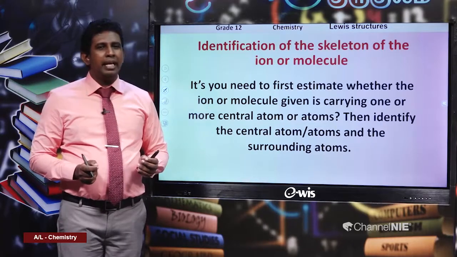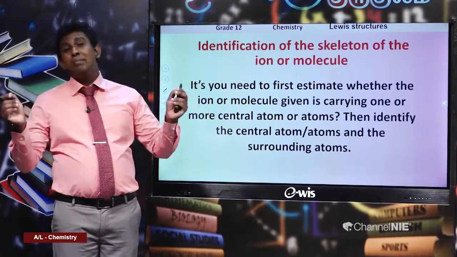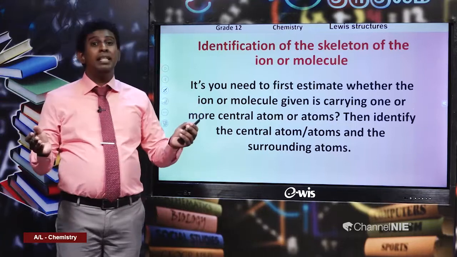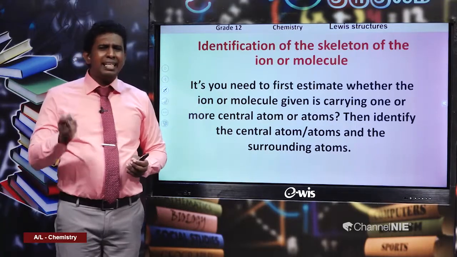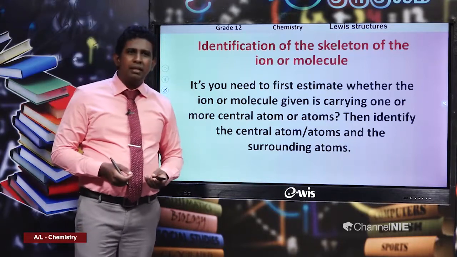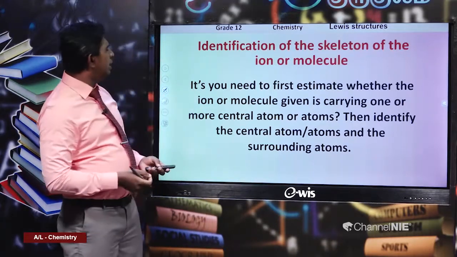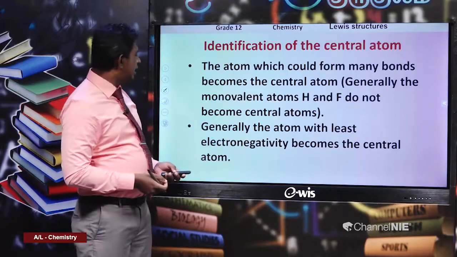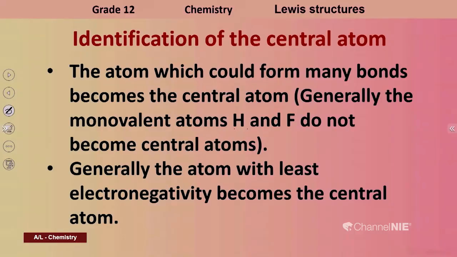Students, the atom forming many bonds would be the central atom. In that aspect, I could help you by saying this. Some atoms do not form more than 1 bond. You have hydrogen and fluorine. They form 1 bond only.